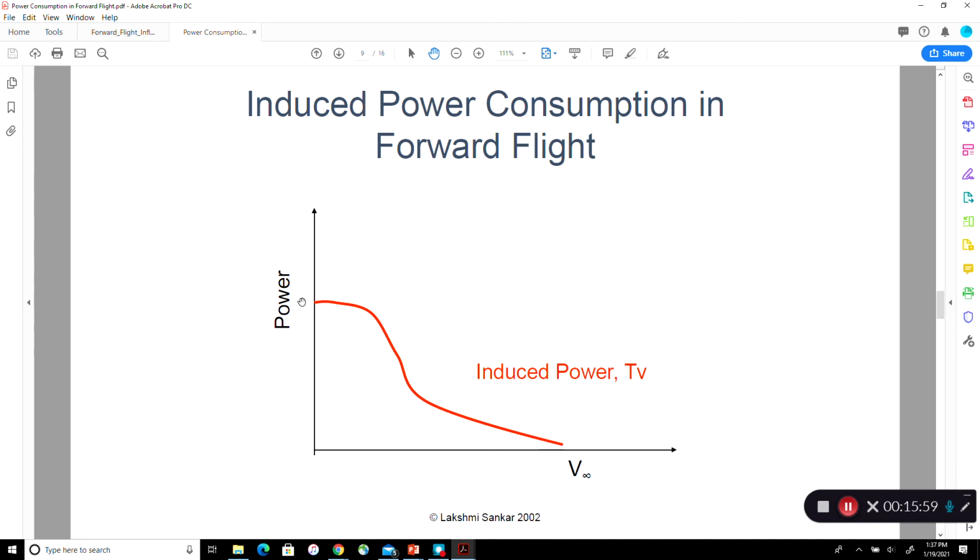So the induced power is going to decrease with the forward velocity. It also will decrease with the advance ratio mu. Mu is V infinity times cosine of alpha tip path plane, which is called the edgewise velocity, divided by omega R, which is the tip speed.